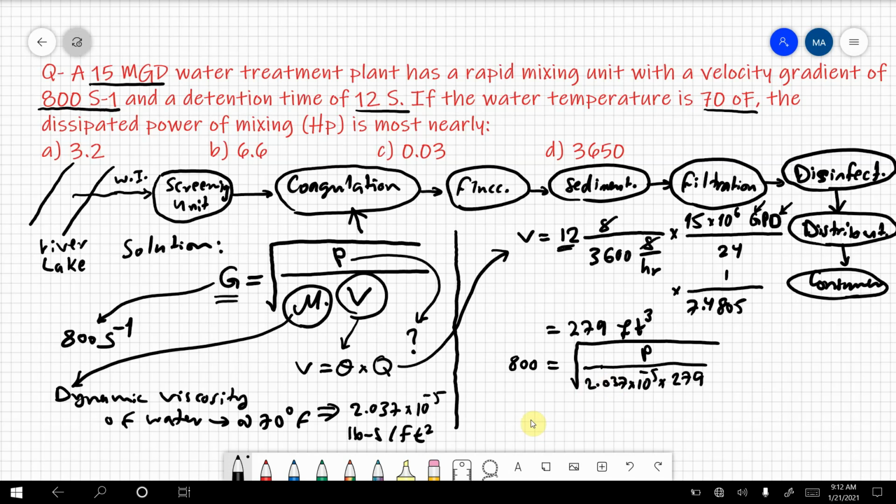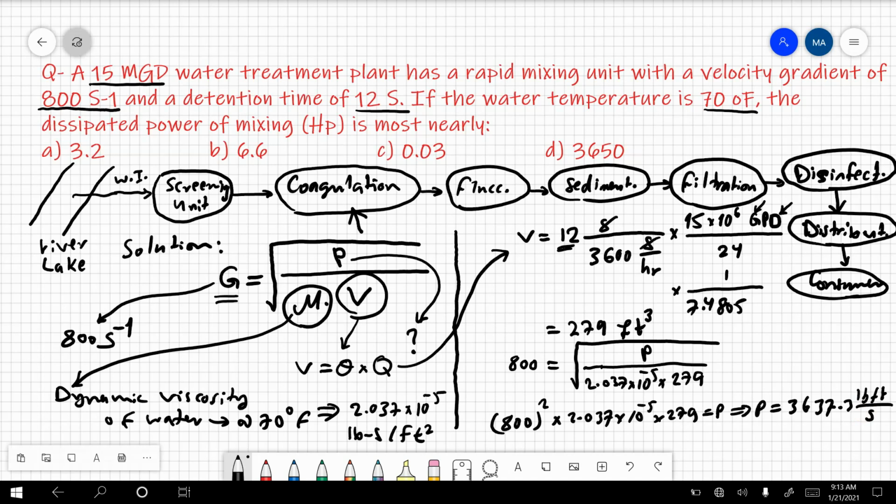Let's simplify this more. 800 squared multiplied by 2.037 times 10 to minus 5 times 279, so we get rid of the square root, and this is our P, which will be equal to 3,637.3, and this is pound-feet per second. This equation gives the power in pound-feet per second.